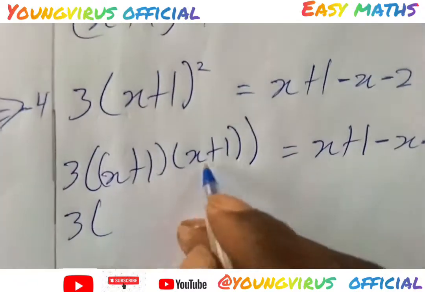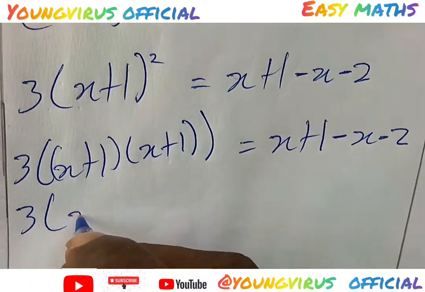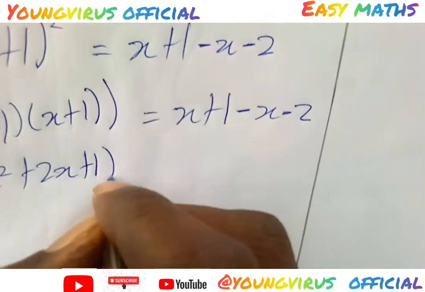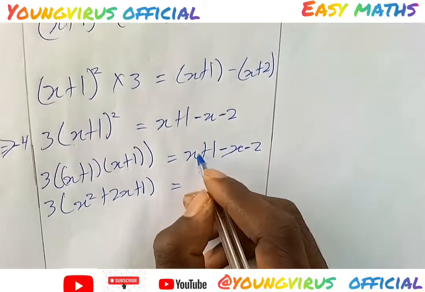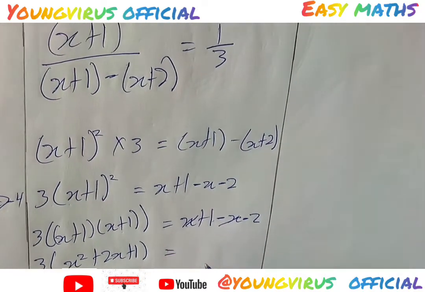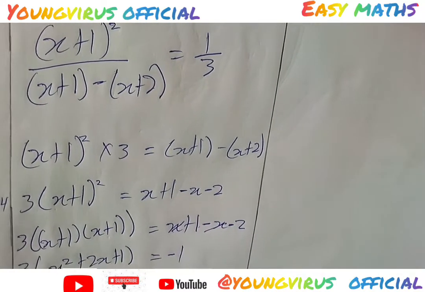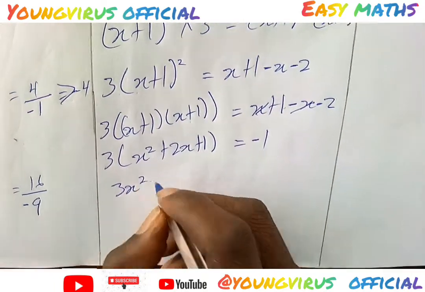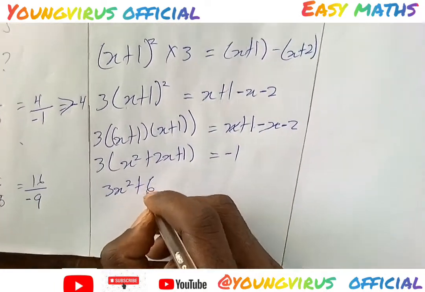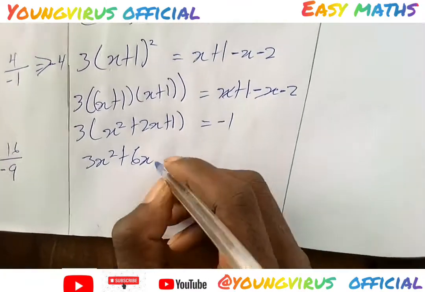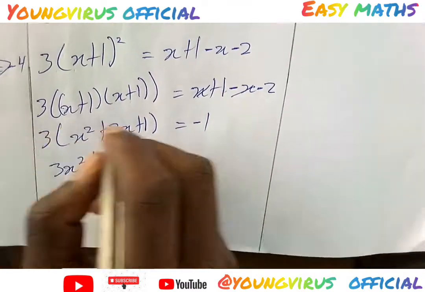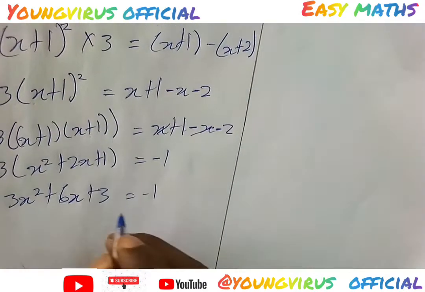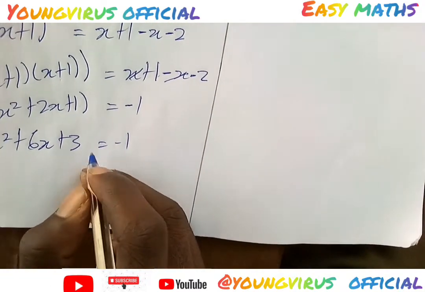So multiplying these two, you are going to get x squared plus 2x plus 1 is equal to, this negative will go with a positive, you know 1 minus 2 is negative 1. So multiplying this by 3, you have 3x squared plus 6x plus 3 is equal to negative 1. Now we are going to move this negative 1 here.